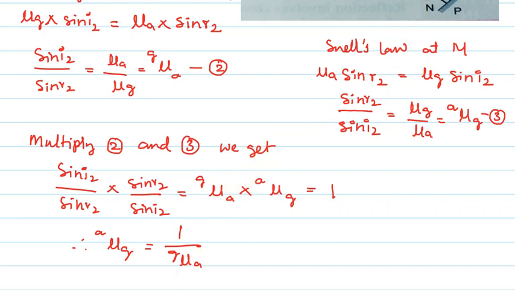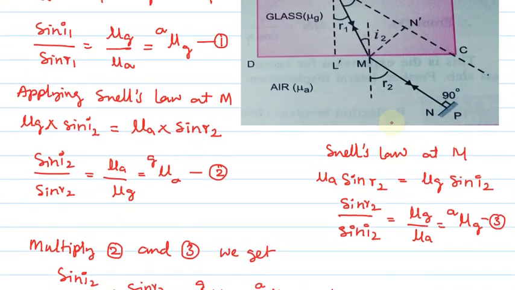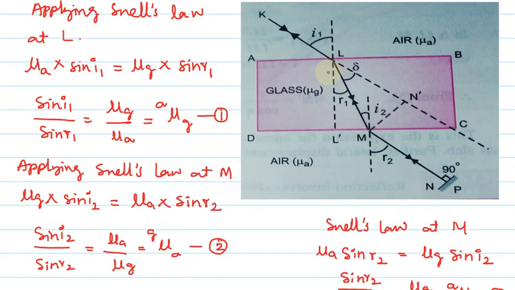Okay, if we observe the ray diagram, then the emergent ray MN is parallel to the incident ray KL. We observe that incident ray KL is displaced laterally on suffering 2 refractions through a glass slab, and this distance MN prime can be called the lateral shift.